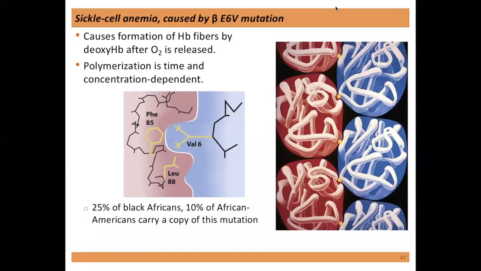One of the best known mutations in hemoglobin causes what's known as sickle cell anemia. And it is caused by a mutation. And what it does is you have a glutamate that is very polar, and it's mutated to a valine, which is very non-polar.